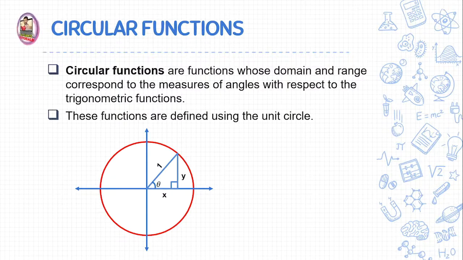So the radius is 1, and then we have this angle, and then the adjacent side of the angle is x, and then the opposite side with respect to the angle is y. So in a unit circle, circular functions are derived by creating a right triangle, and knowing that trigonometric ratios are derived from a right triangle.